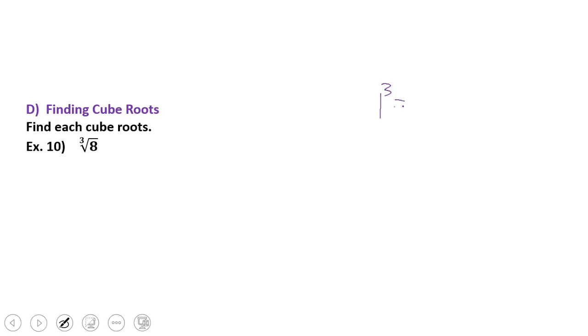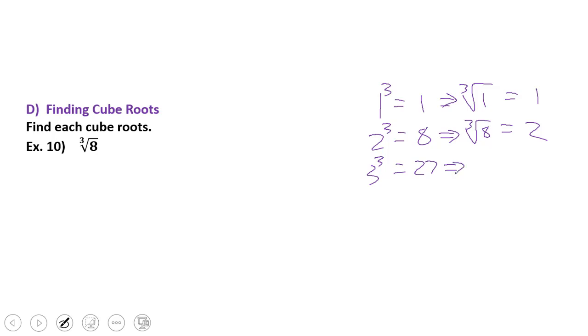In other words, 1 cubed is 1. In other words, the cube root of 1 is 1. And 2 cubed is 8. And so the cube root of 8 is 2. And 3 cubed is 27. So the cube root of 27 is 3. And 4 cubed is 64.